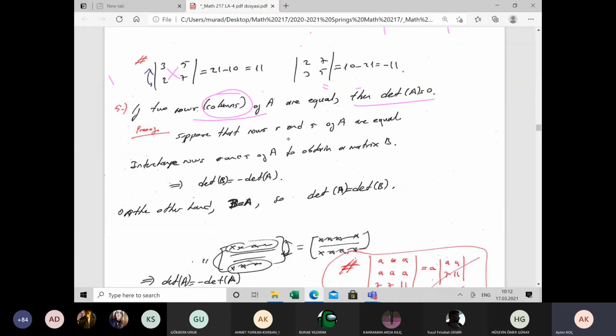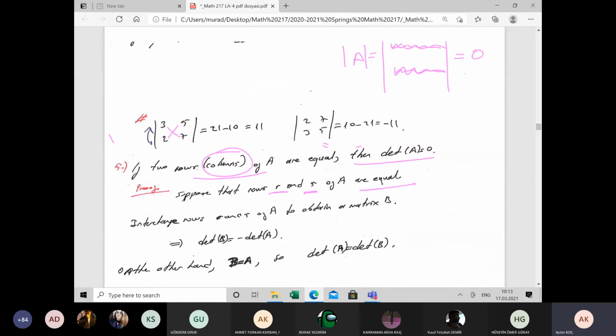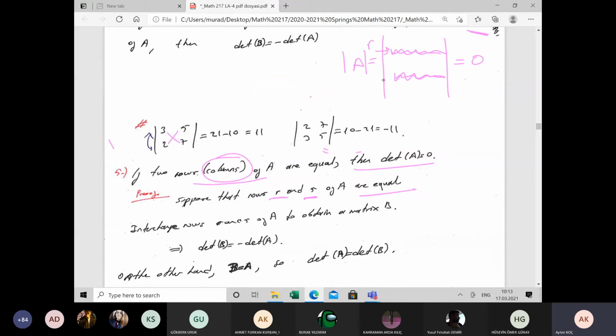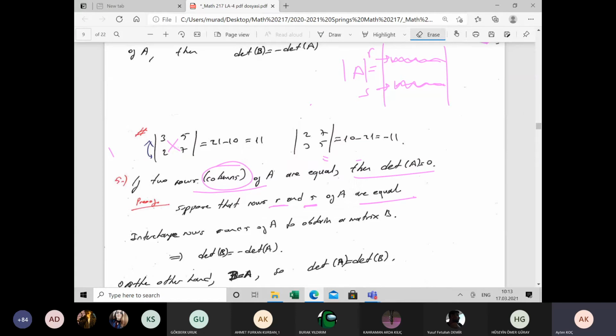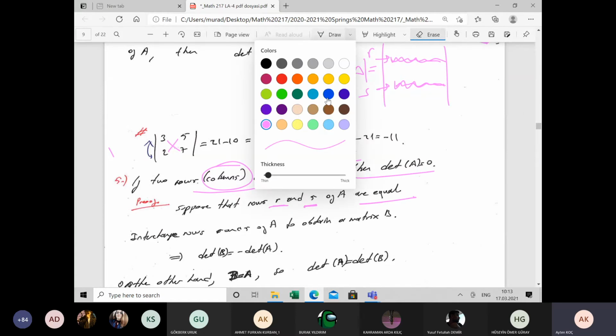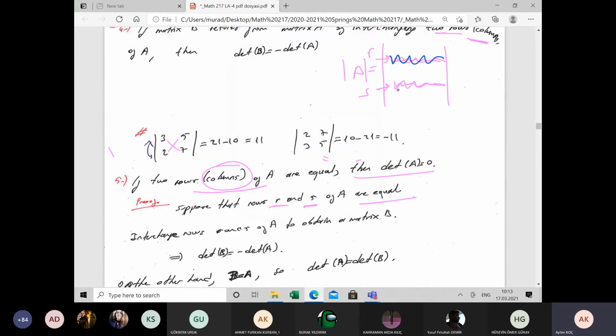Take row R and row S, the same. Since they are equal, we interchange these rows.